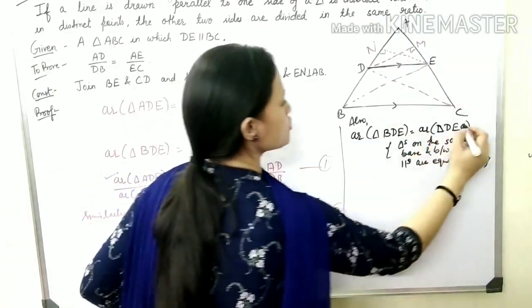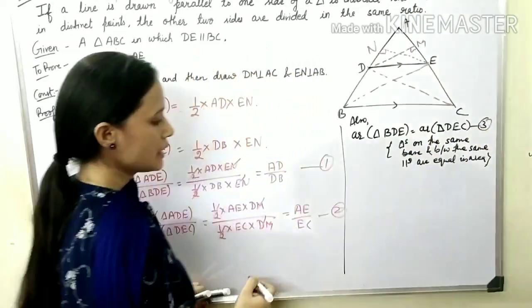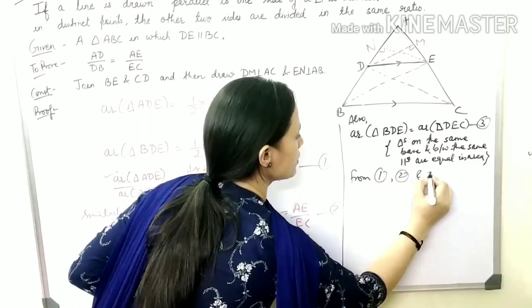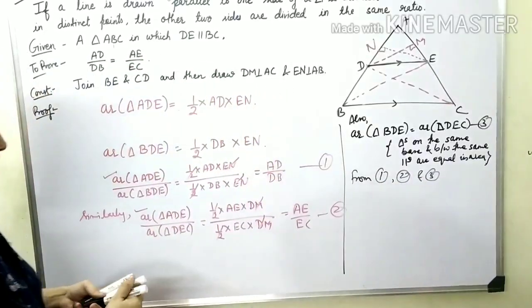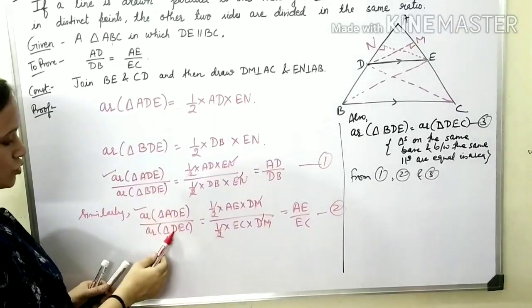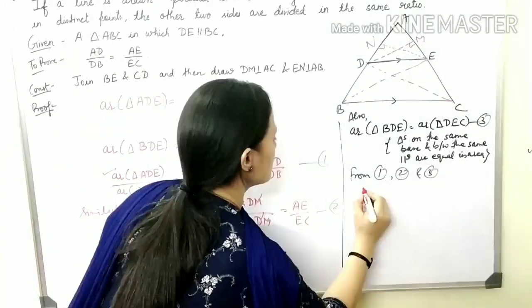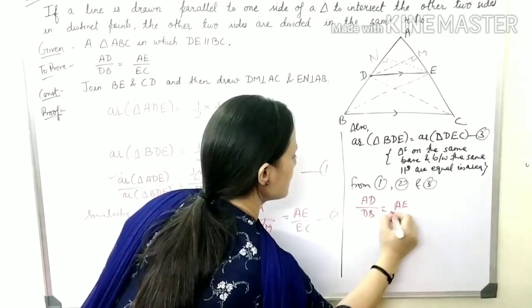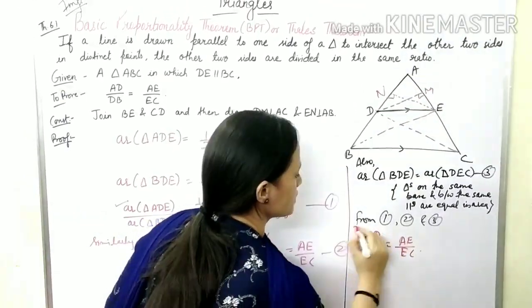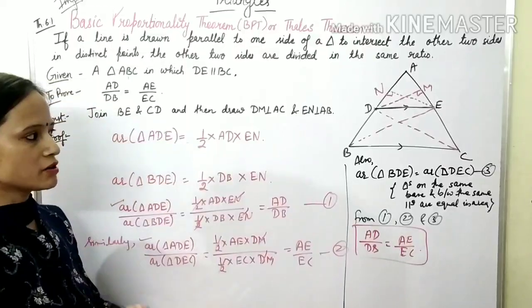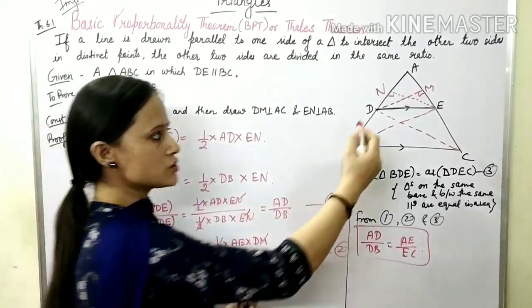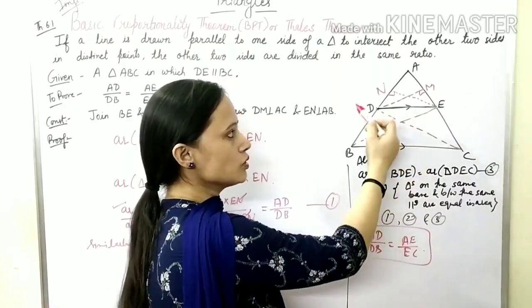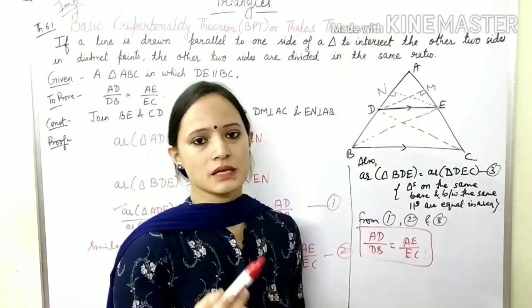So this is 1, this is 2, this we can take as 3, and from 1, 2 and 3 we can directly say that this is also equal. Now we can say that AD upon DB is equal to AE upon EC. Proved. So we have understood that if in a triangle a line is drawn parallel to the third side, this line divides the other two sides in the same ratio.